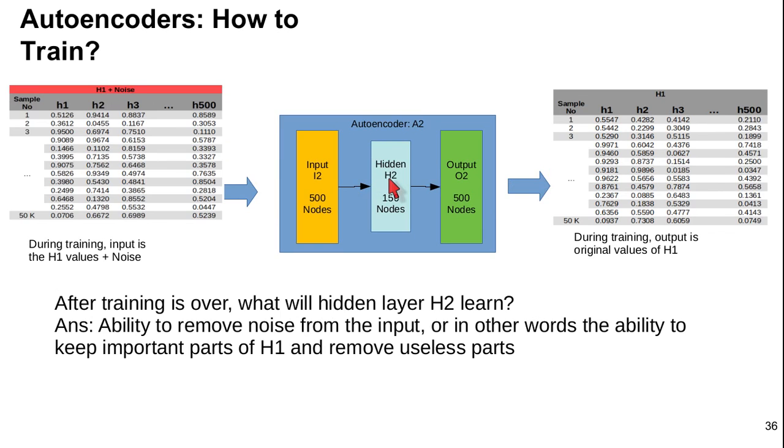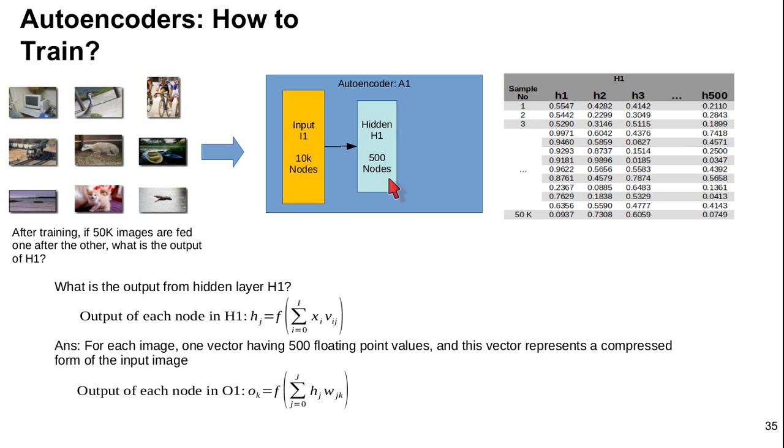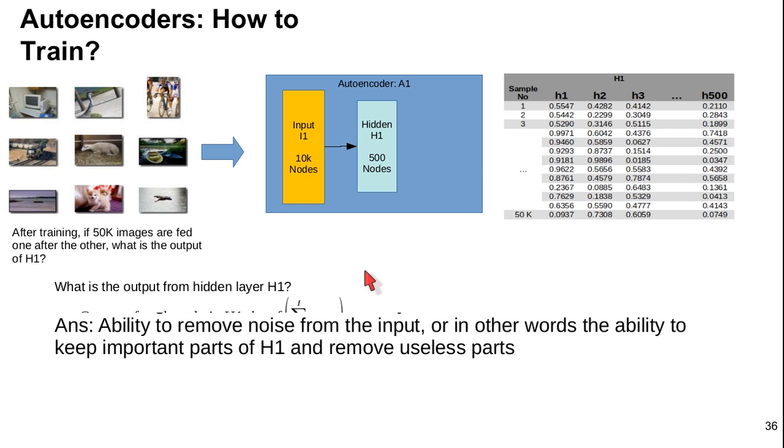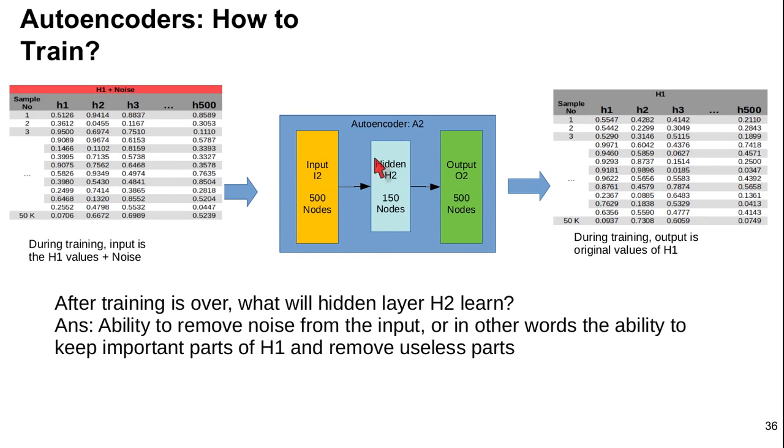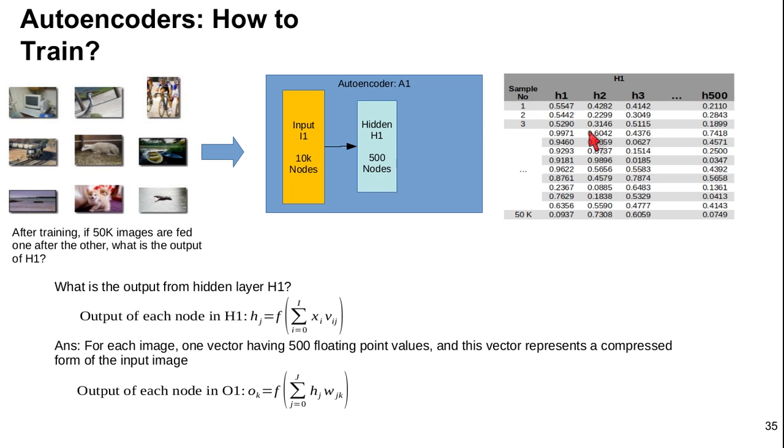And the input to hidden layer H2 is the output from hidden layer H1 of autoencoder A1. Therefore, the hidden layer H2 of autoencoder A2 is learning a compressed representation of these feature vectors.